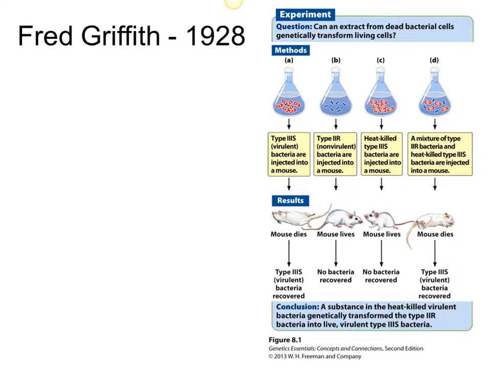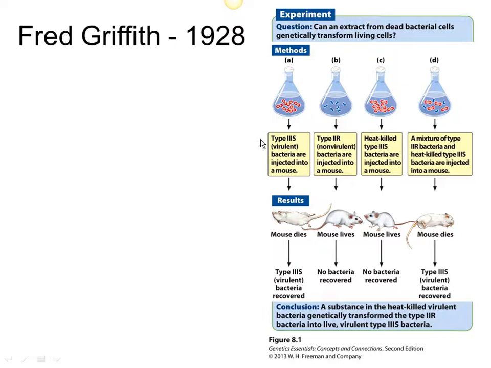A capsule in a bacterium is a coating of mostly carbohydrate on top of the cell wall, and it actually allows that bacterium to be better at evading a host's immune response. So it's a more dangerous type of bacterium if it has that capsule.